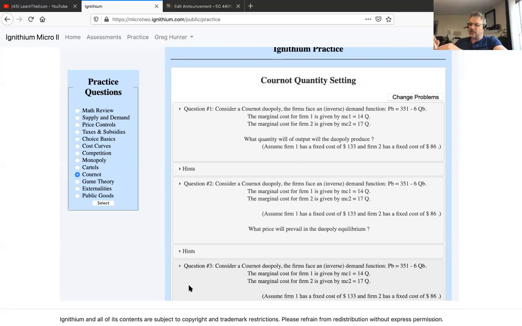So, one other thing I'll point out, and this is pretty common, and I've asked this on exams before, is we often graph the reaction function.